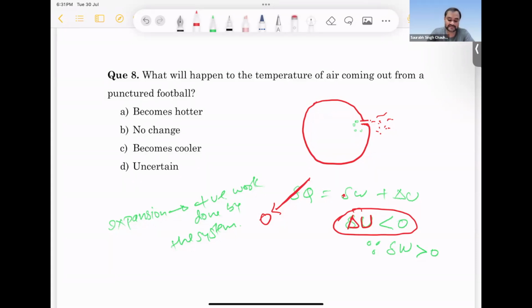Option A says it will become hotter. No, it is wrong. Option B says no change. This is also wrong. Option C says it will become cooler. This is the correct one, right? Because temperature is decreasing. The air which is coming out from this punctured football will become cooler.